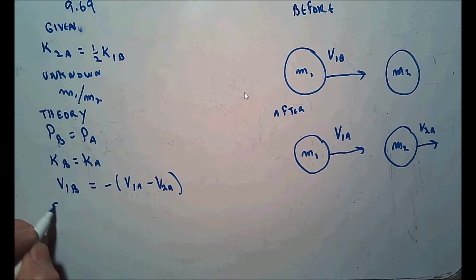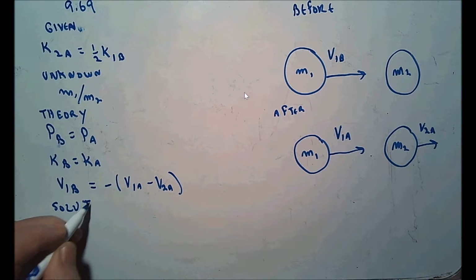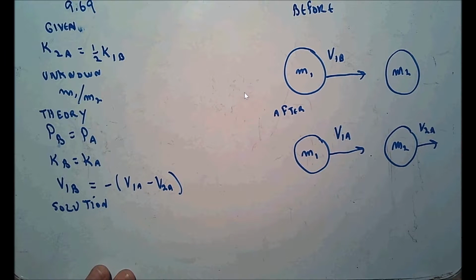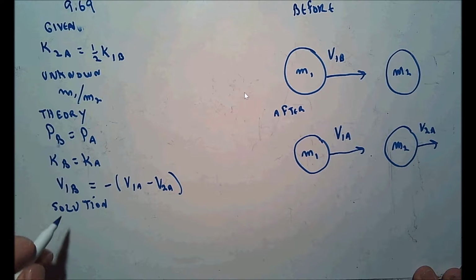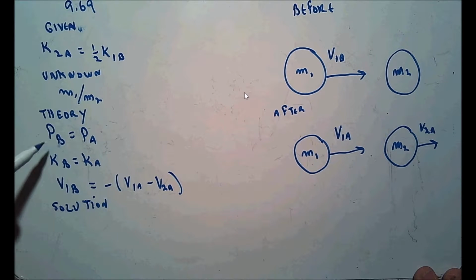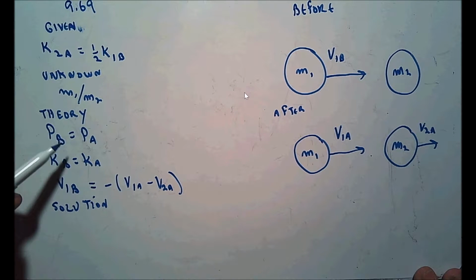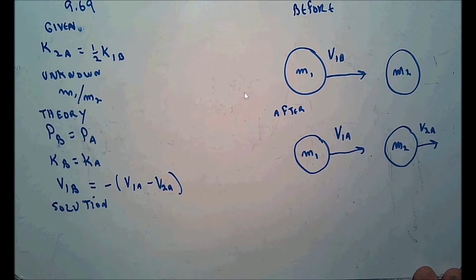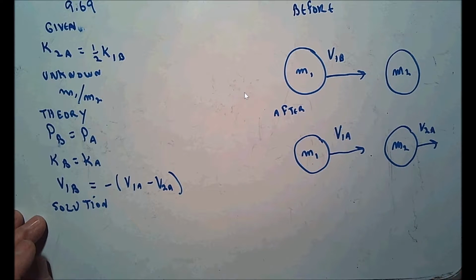Now the solution. The way I tackle the problem is to at least start off with the conservation of momentum equation. That'll show all the variables, and then see how we can eliminate those velocities in that equation so that we can find out how the masses are related.